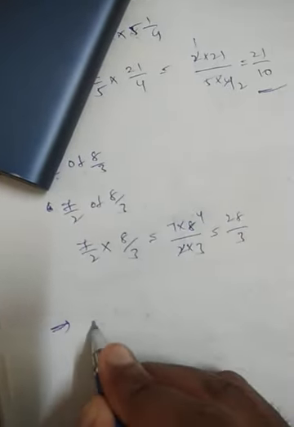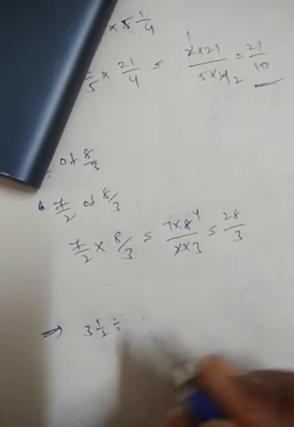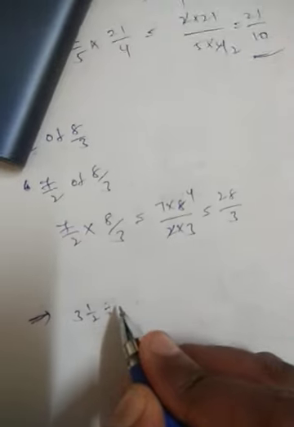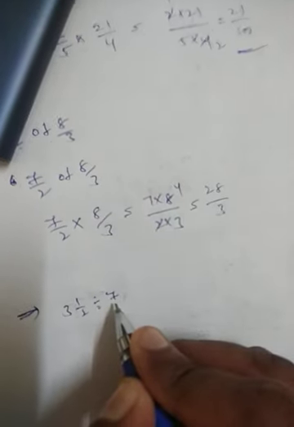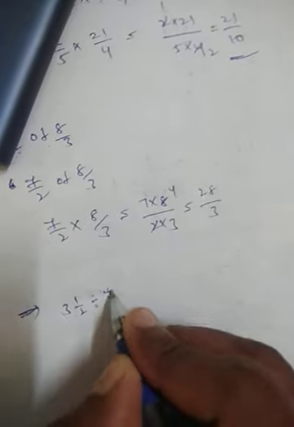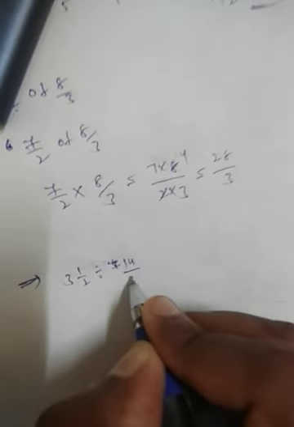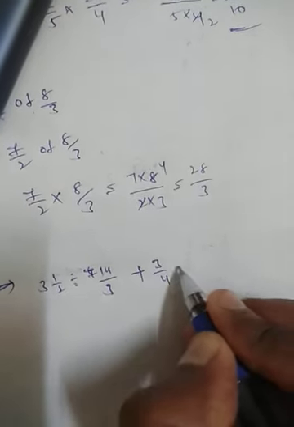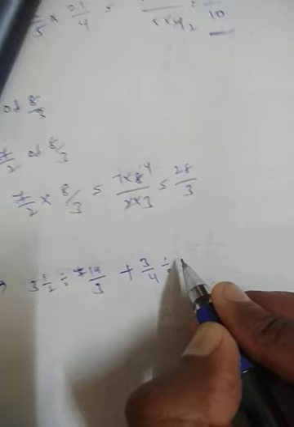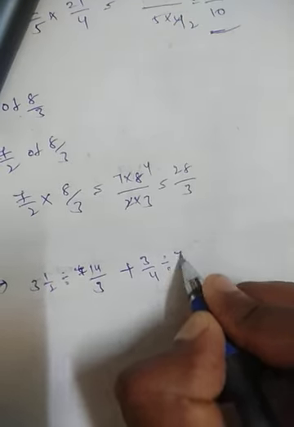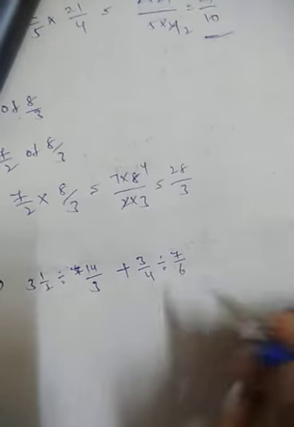Let us take 3 whole 1 by 2 divided by 14 by 3, plus 3 by 4 divided by 7 by 6. Let us take it like this.